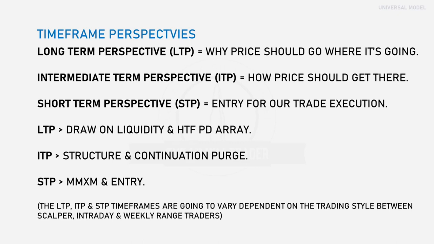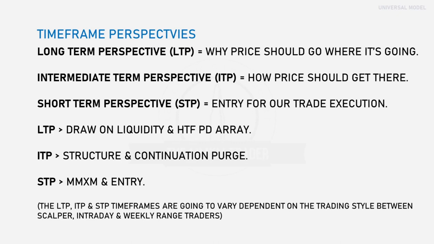And then that short-term perspective, that's our entry and our trade execution idea. So again, long-term perspective, draw on liquidity and higher time frame PD arrays. Intermediate term perspective, structure and continuation purge. And then on that short-term perspective, we got those market maker models and your entry.